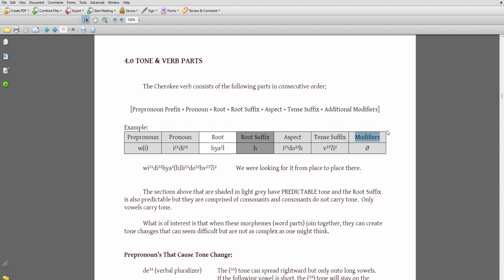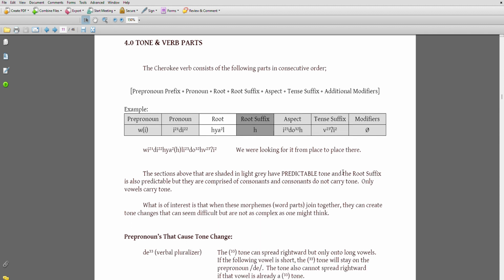The only thing that makes it look like they change is possibly when it connects to another morpheme that has a 3-tone, and that causes tone spread, which we'll cover later. And the root suffix is also predictable, but they are comprised of consonants, and consonants do not carry tone. So simply because root suffixes are all consonants, that's why you don't have to worry about their tone sequence, because they do not carry tone. They just connect to the consonants and vowels around them.